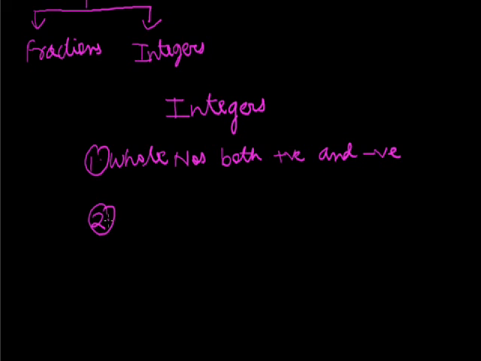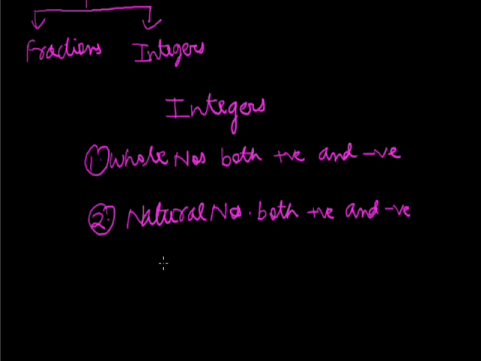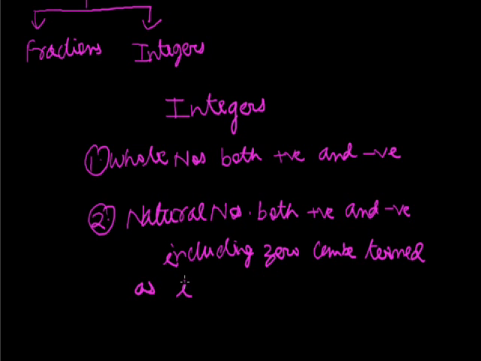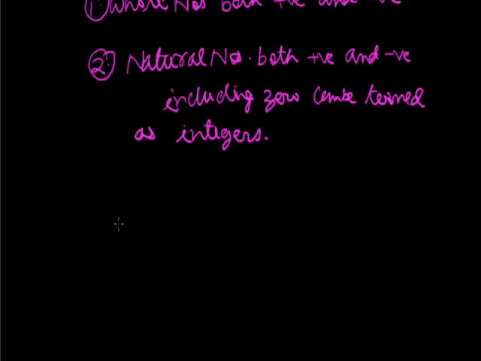In other words, we can say that natural numbers, both positive and negative, including 0, can be termed as integers. Now see, integers come with the property of addition, subtraction, multiplication and division. First of all, we'll study the properties of integers.